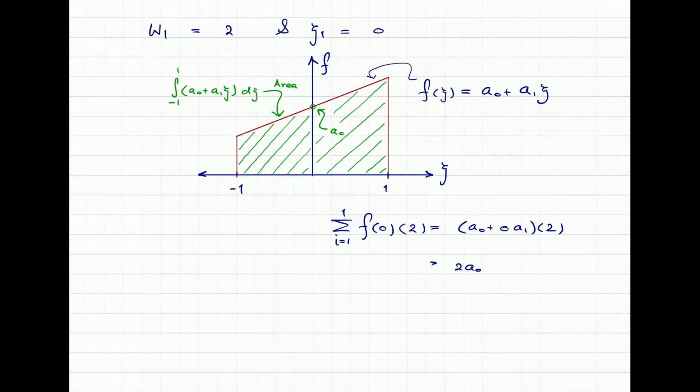Basically, this is associated with this. So 2 times a naught. 2 is from this, right? The base being 2, the height is a naught.